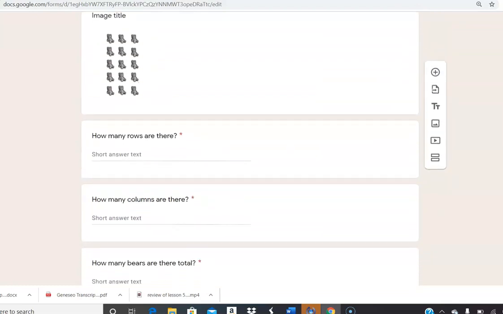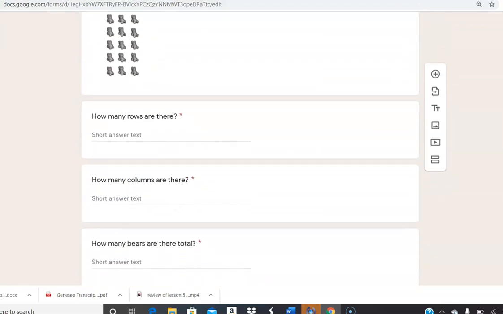So here's a picture of the bears. I used the same picture today, and it asks you, how many rows are there? So you're going to look and see how many rows do you see? And you're going to count how many rows. Then it says, how many columns are there?